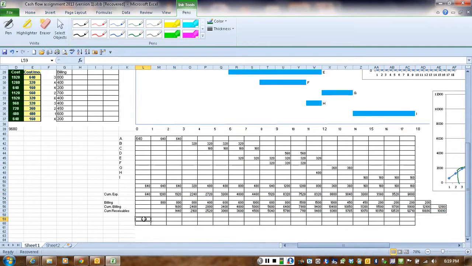So this is equal to cumulative receivables minus cumulative expenditures, and let's just draw that across.